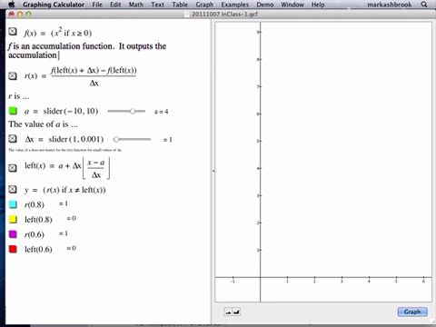Side length. So it's going to output a value for a side length. How can we think of that output as an accumulation? Because for every increase in the side length, it's going to increase the area by a little bit.